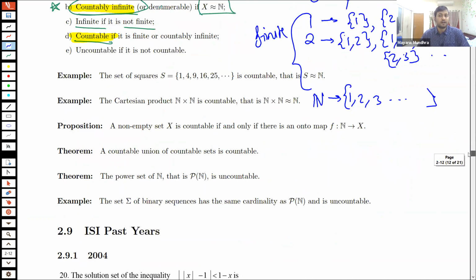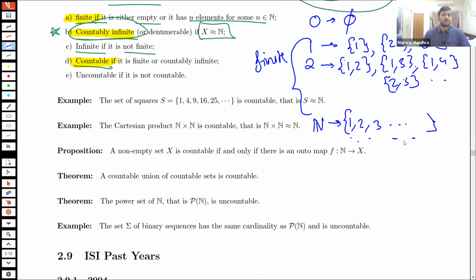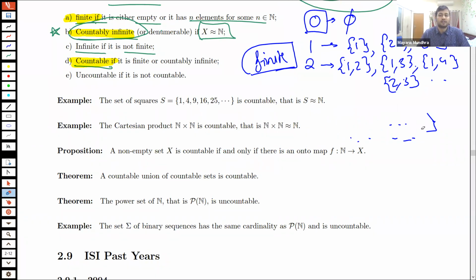But there are a bunch of other sets which will have this same size. Okay. So the smallest size is the null set. The next available sizes are the finite sets. The next available size is the size of natural numbers. Okay. So we are going to look at a few sets which are going to have the size of natural numbers, and then we'll talk about uncountable sets.